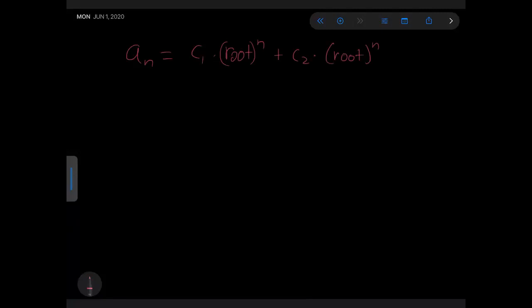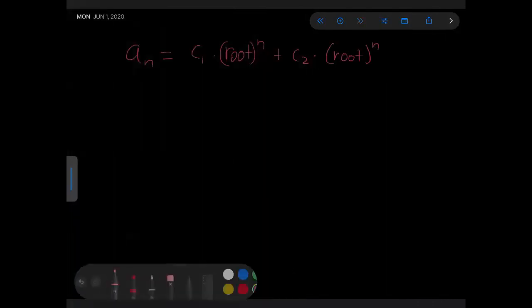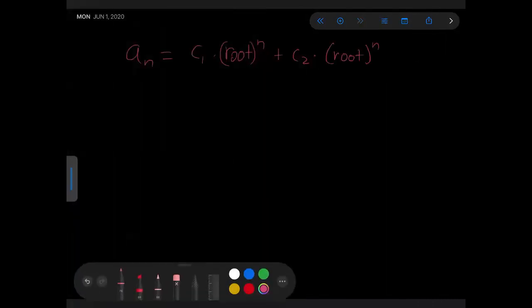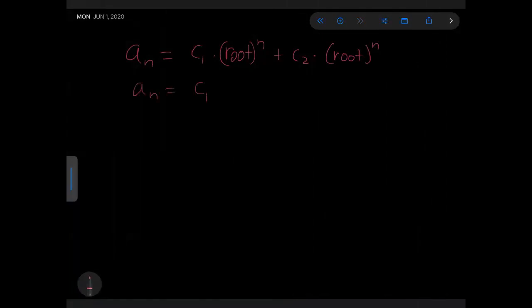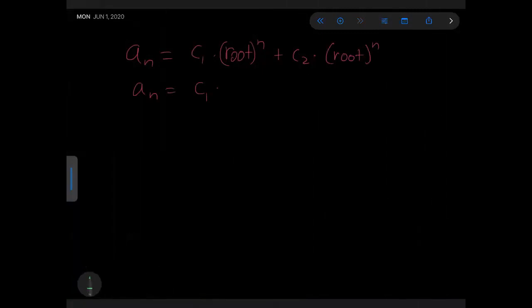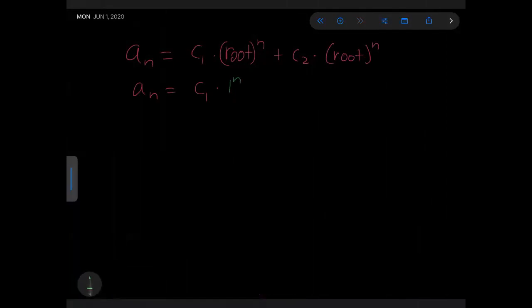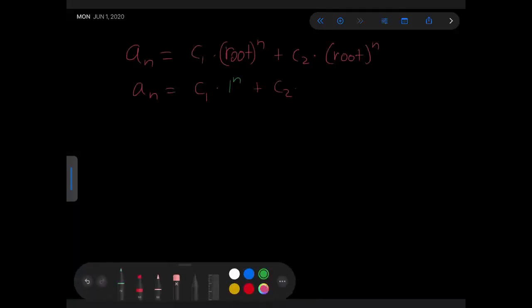It's a little bit hand wavy, but it works. So what are our two roots? Our two roots are 1 and 2, right? So we say that a sub n is equal to c1 times 1 to the n plus c2 times 2 to the n.